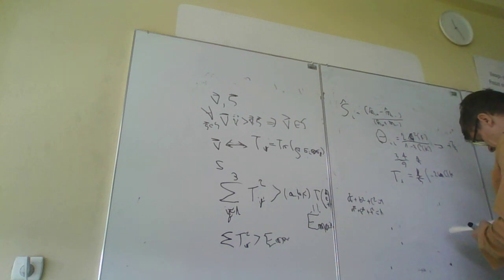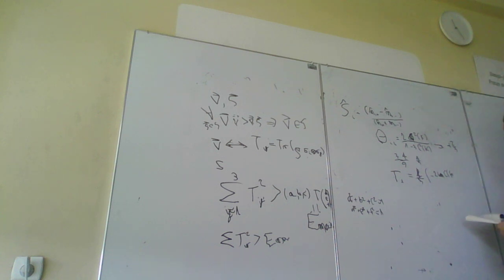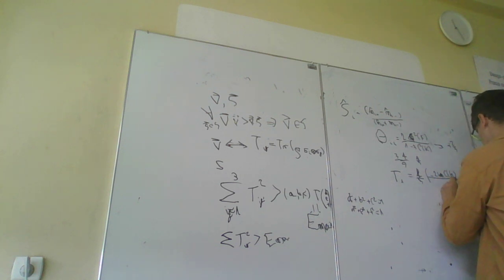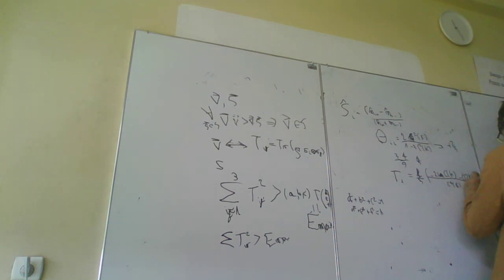Okay, which this term will become irrelevant for large k, and minus cosh squared of 2k, I believe. No, not squared. 2k divided by cosh 4k, okay, minus 1.